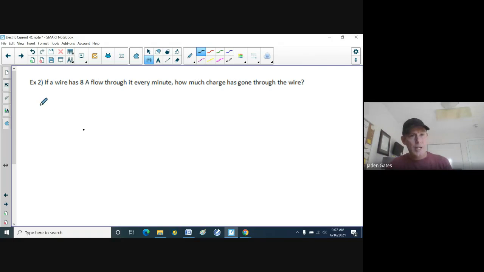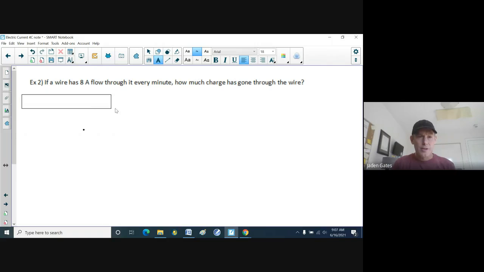All right, example 2. If a wire has 8 amps flow through it every minute, how much charge has gone through the wire? So 8 amps is the requirement. That means that 8 coulombs of charge go in every second.